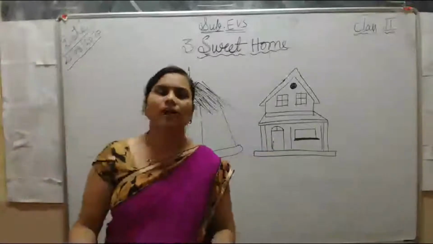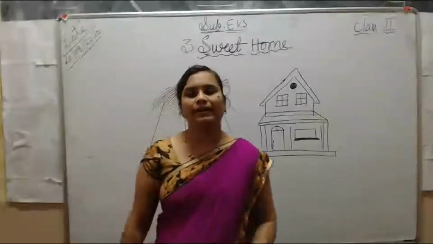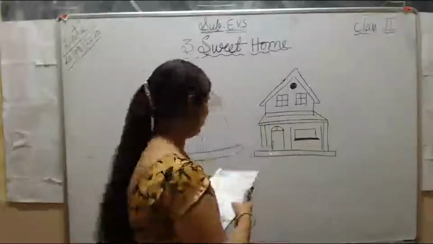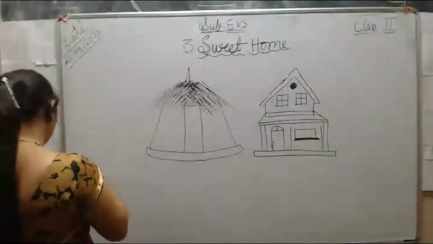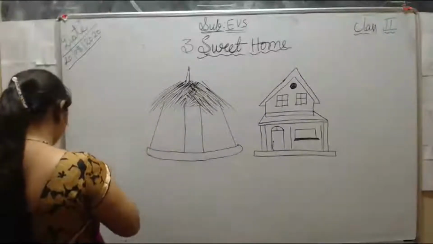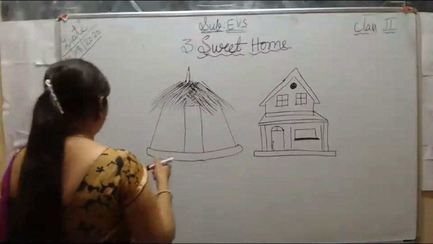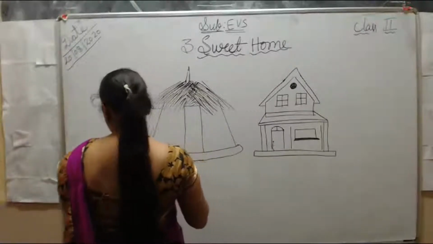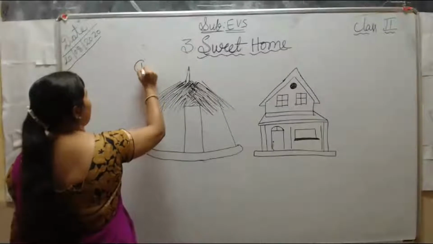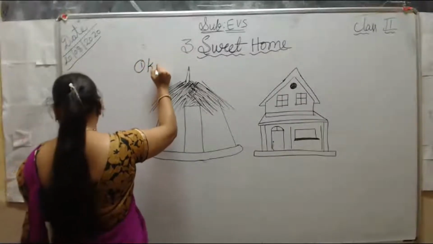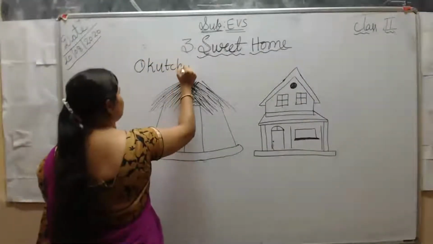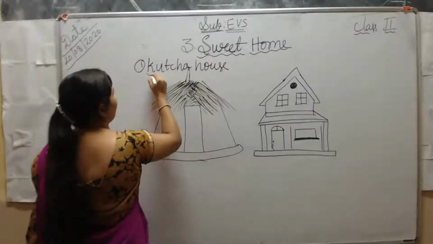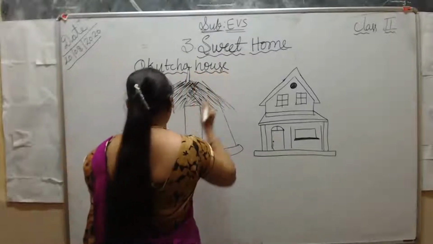The houses are mainly classified into two types: Kacha house and Pakka house. First one is Kacha house.